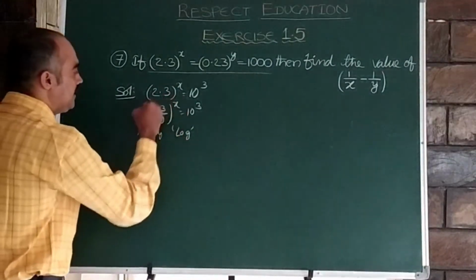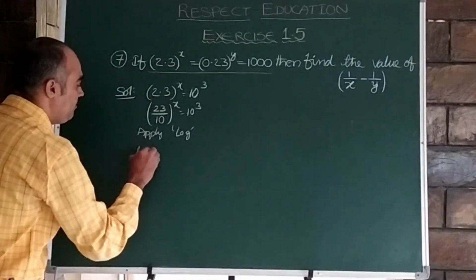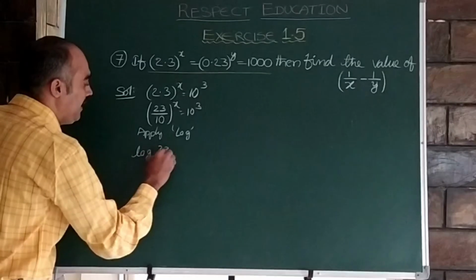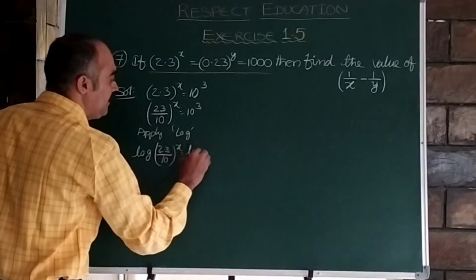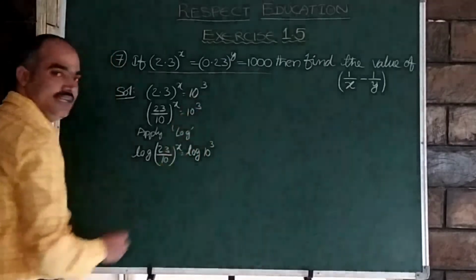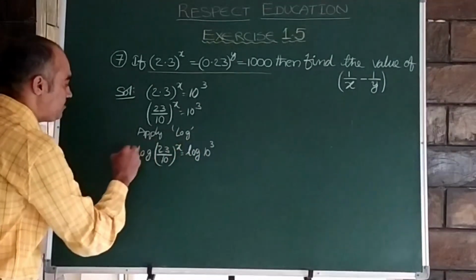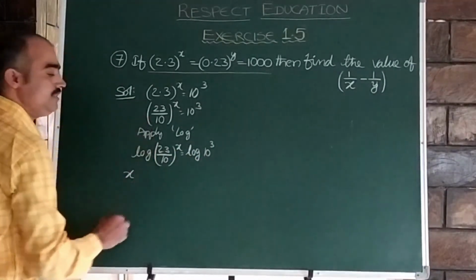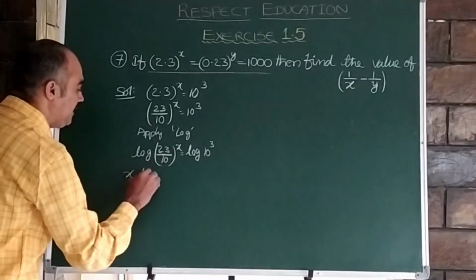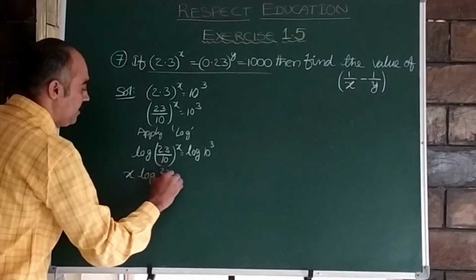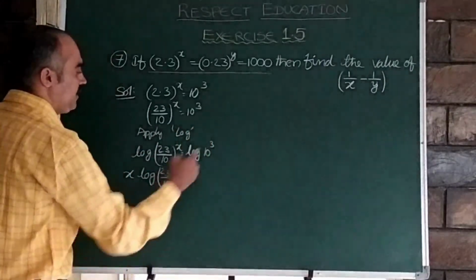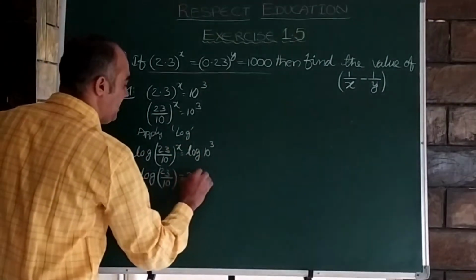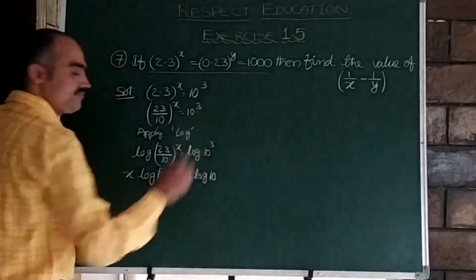So what happens here? It is log of 23 by 10 whole power x is equal to log 10 cube, right? As we have discussed, x comes forward, so x times log 23 by 10 is equal to, here 3 comes forward, 3 times log 10.